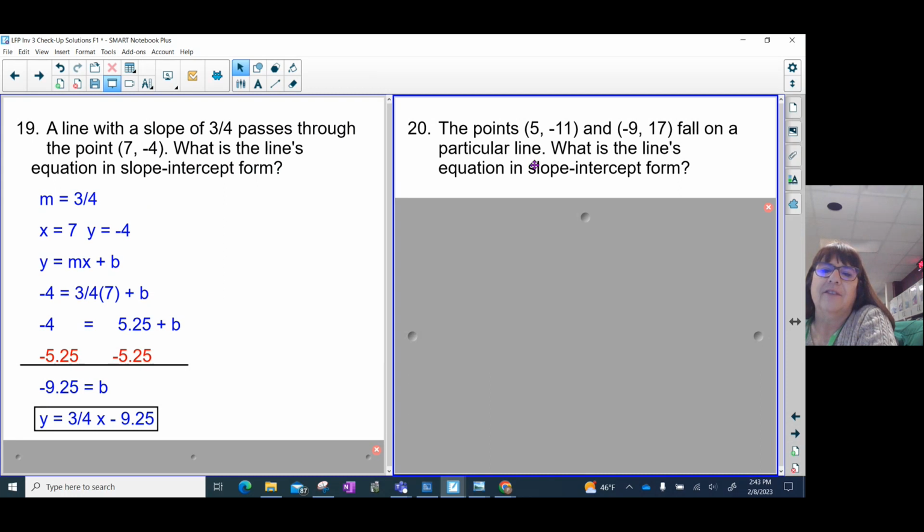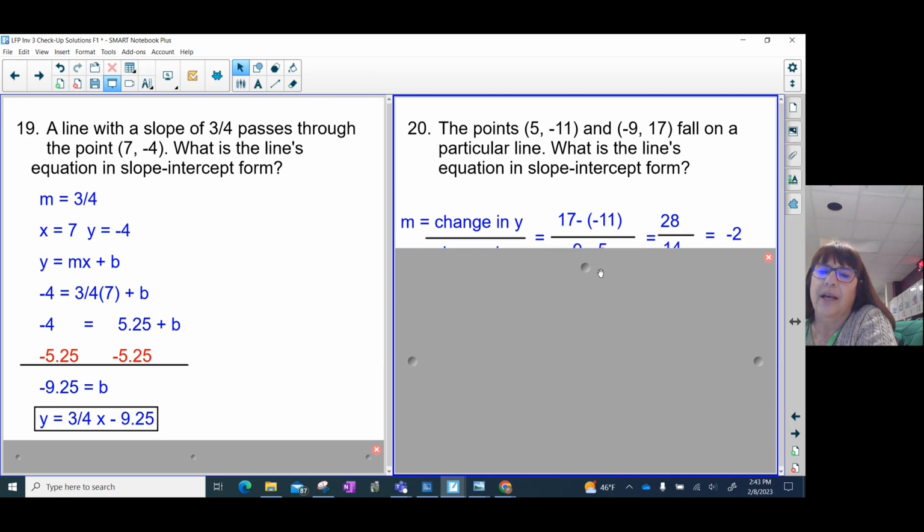Number 20, they give us 2 points, 5, -11, and -9, 17. And they tell us that they fall on a particular line. What's the equation for this in slope-intercept? So the first thing we have to do is find our slope. And we're going to do that by finding the change in y over the change in x.